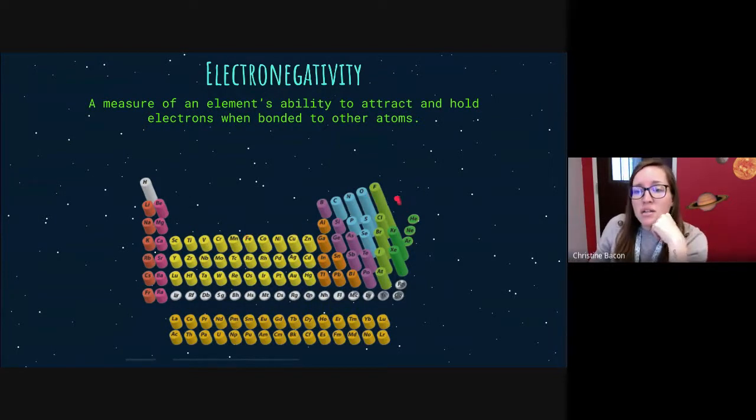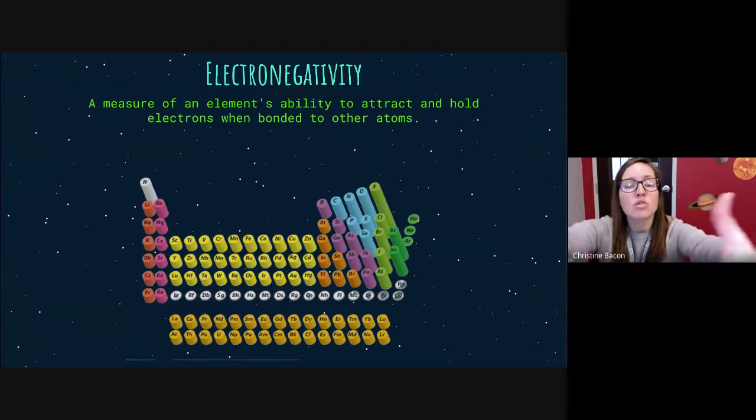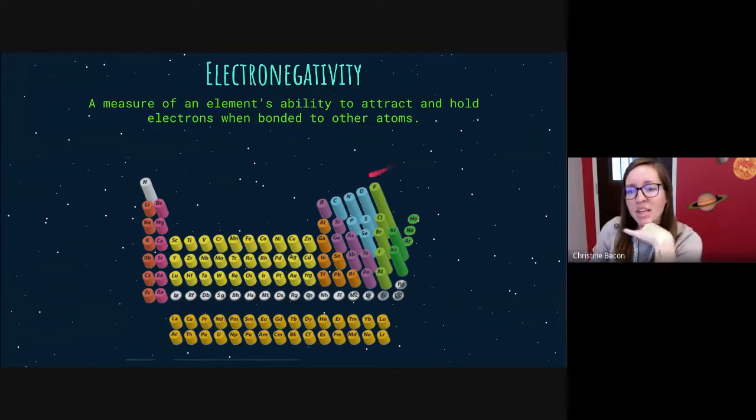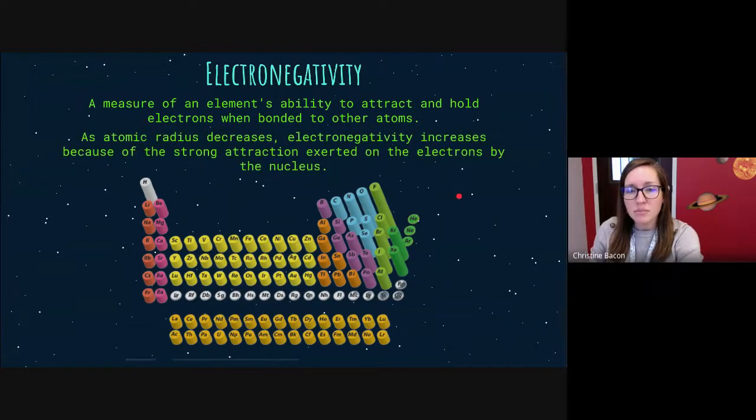So if you've got a small atom like fluorine, super duper skinny people, they can hold on to each other tighter because they're not trying to reach around their large bellies, okay? All right, they have a stronger attraction to other atoms when they're bonded together. So electronegativity increases the exact opposite of atomic radius. It increases as we go from bottom to top and left to right. It increases because of the strong attraction exerted on the electrons by the nucleus.